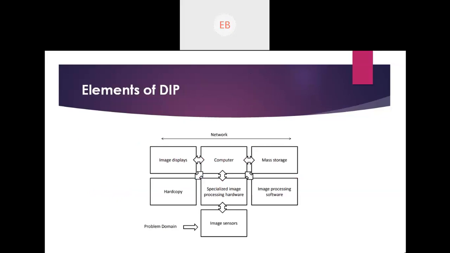Then elements of digital image processing. So guys, this is some form of revision class also. Can you remember the elements of digital image processing? What is a problem domain? Can you remember these terms, guys? We'll need this today. That's why I'm asking.